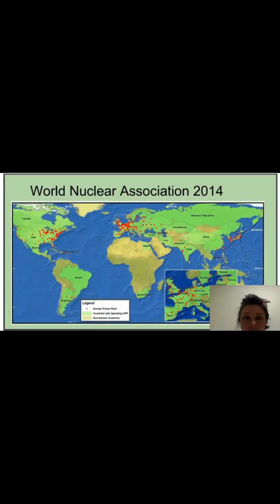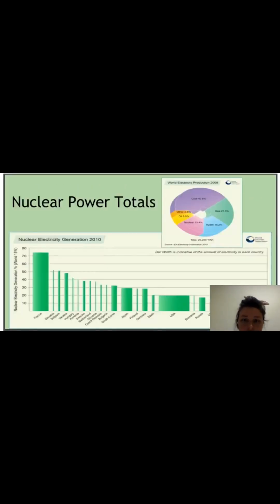As far as where everybody gets their power, this is the 2014 map of world nuclear power, and you can basically see who's got what and where. This is the breakdown within country to country.